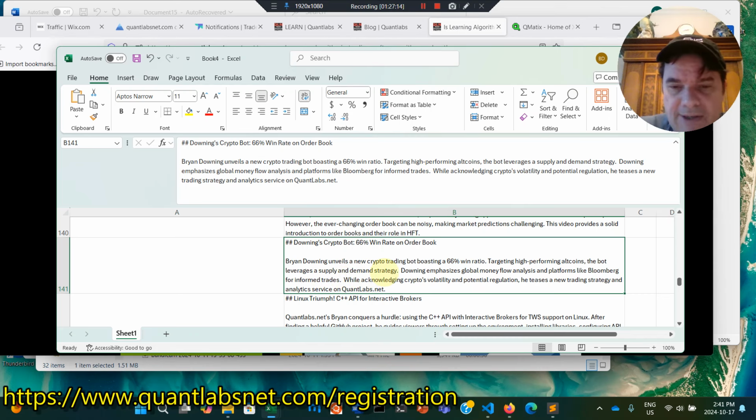So if you have something in high demand, going pretty well parabolic, this is the kind of trading bot you want, based around supply and demand. Again, emphasizing global money flow analysis. That's why I do it every day, using something like Bloomberg for what they call informed traders. Those informed traders are spending thousands of dollars per month to get to the point where they are informed.